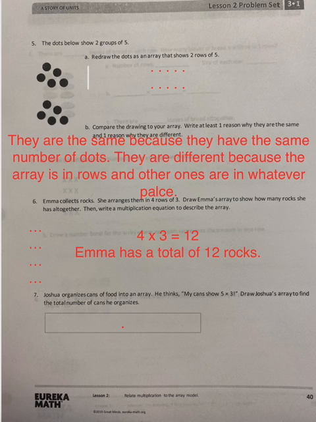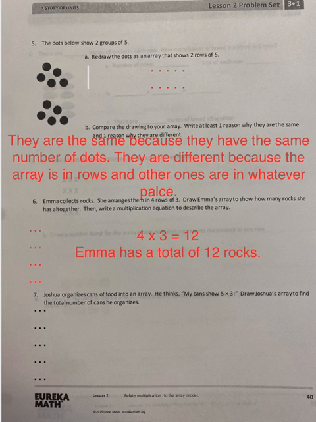So we're going to go 1, 2, So I made the 5 rows, that's what he's saying, and then we always say rows times how many in each row. So each row must have 3 food cans. So I'm going to pause it and draw the 3 in each row.